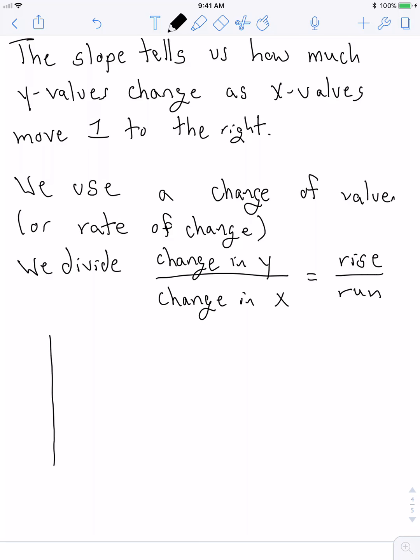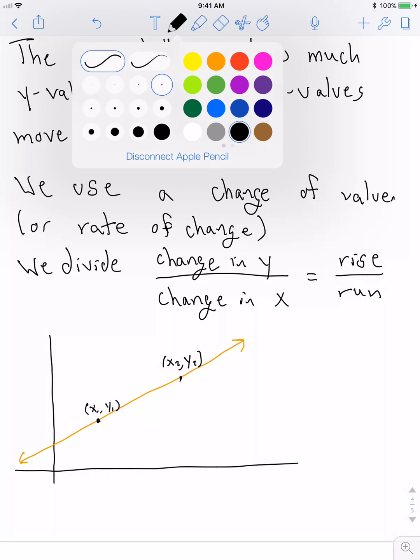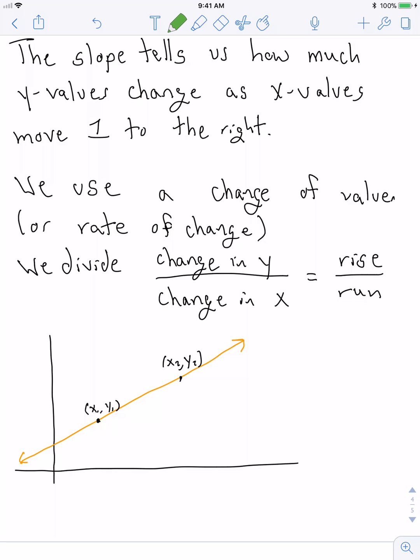So let's draw a picture of what this means here. Let's say we have a nice straight line as such, and we're given 2 points on the graph. Let's say it's (x1, y1), and (x2, y2) is above here. Then what we're really trying to do is see how far has the x moved versus how far has the y moved.